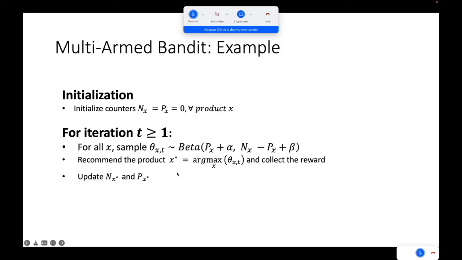We select that product and observe the reward, which is whether a purchase or not a purchase. This information is used to update the counters, and as we update the counters, the posterior distribution will also change.